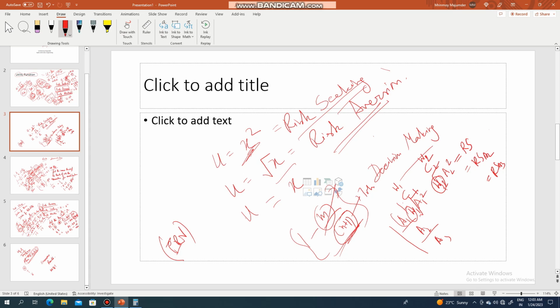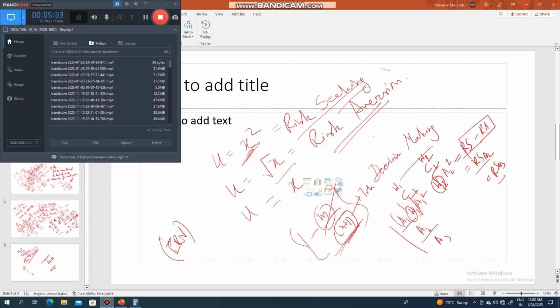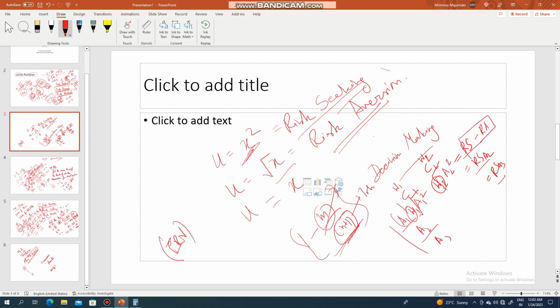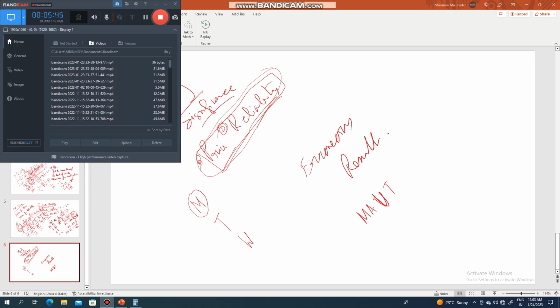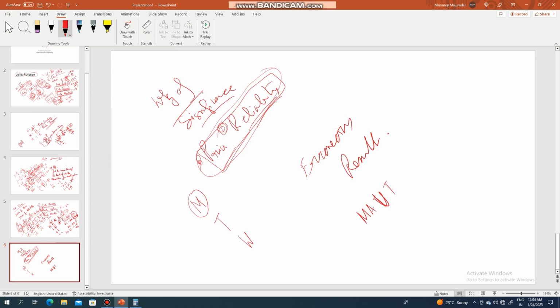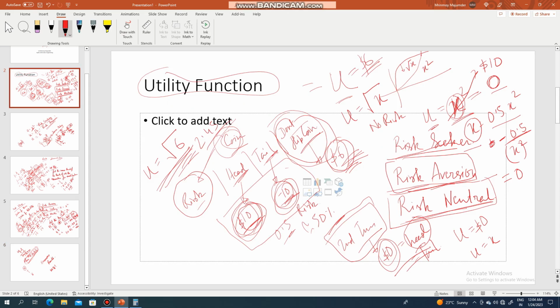So what will happen is here they are calculating risk seeking, and then they will deduct the risk aversion. So this is what this formula is called. Overall, this is the step of MAUT.